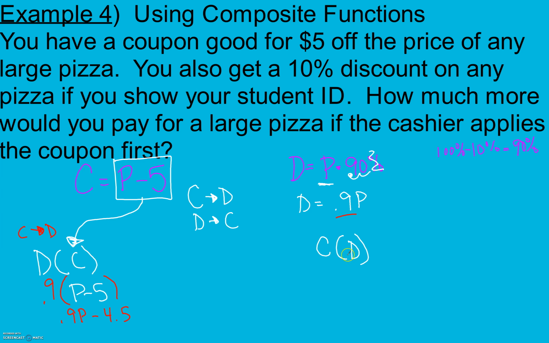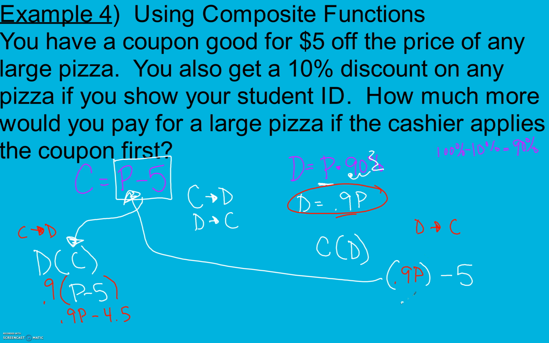If I do the discount and then the coupon, I take my discount, and whatever number I get there, I plug in to the coupon. So that's my p value minus 5.